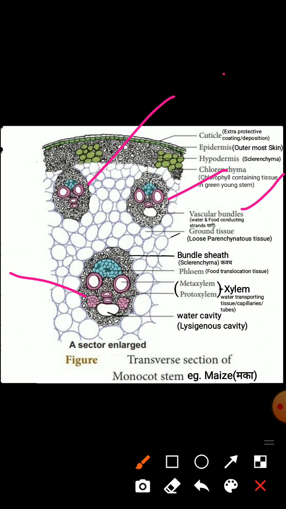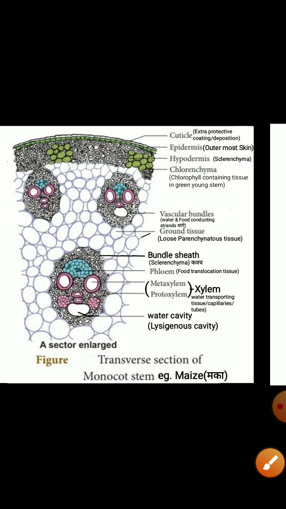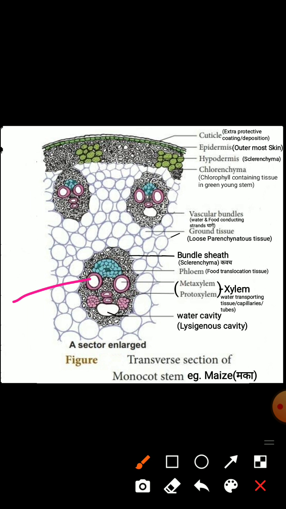Now in addition, we have to describe the structure of the vascular bundles. The vascular bundle has two principal components. One component is called xylem, another component is the phloem. These xylem and phloem are joined together in one bundle.